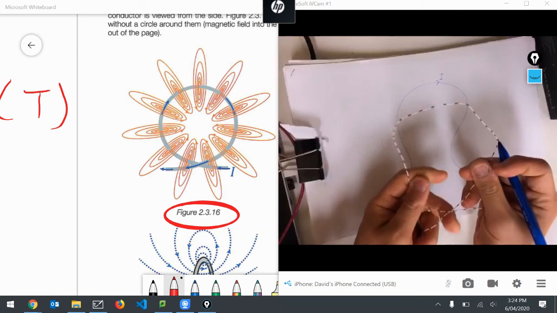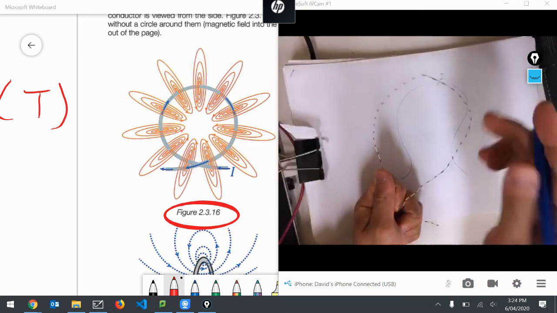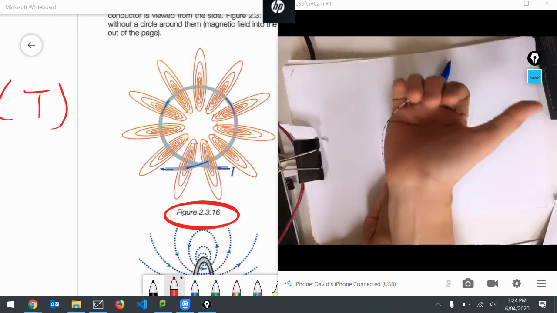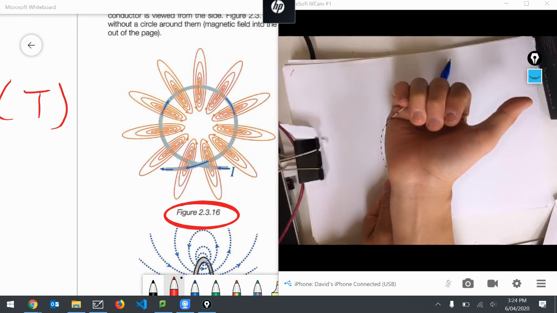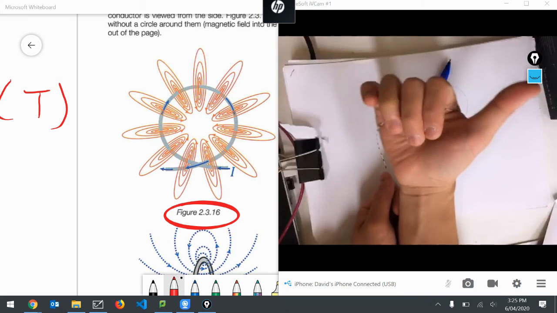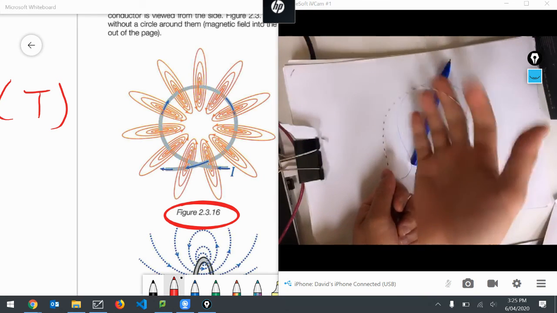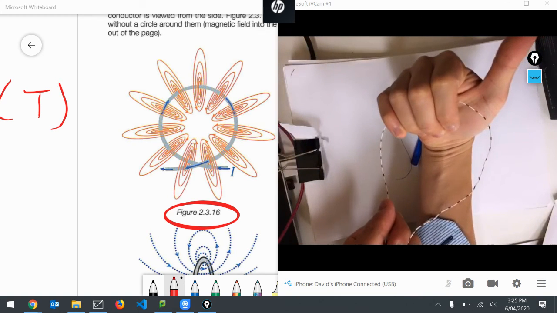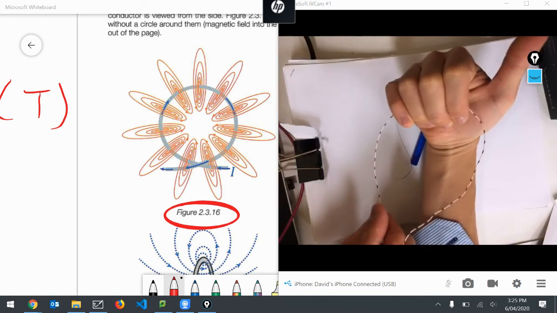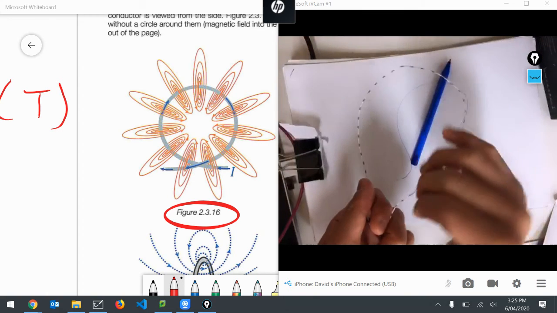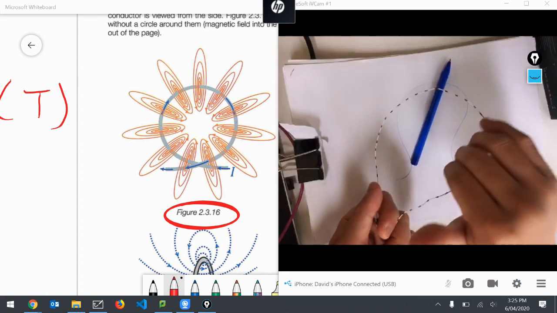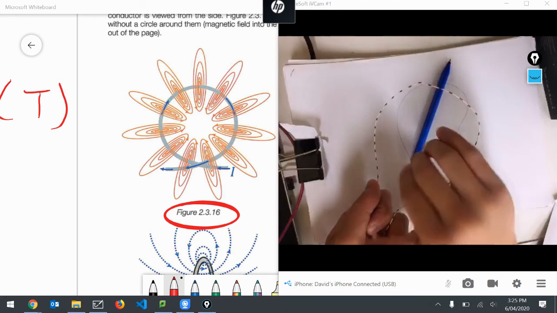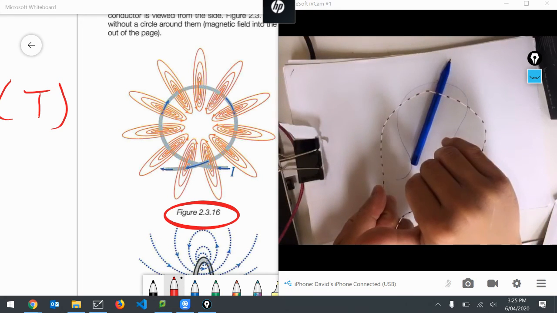What's going to happen is all around the loop, if I apply my right hand rule, around here, if you curl around, the fingers are pointing down into the page. As I come around the loop over here, my thumb is still pointing towards where the current is going, and my fingers are still pointing inward.